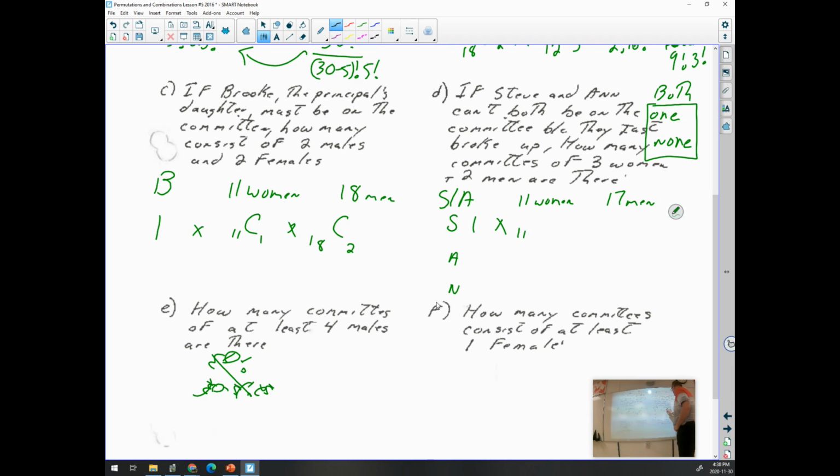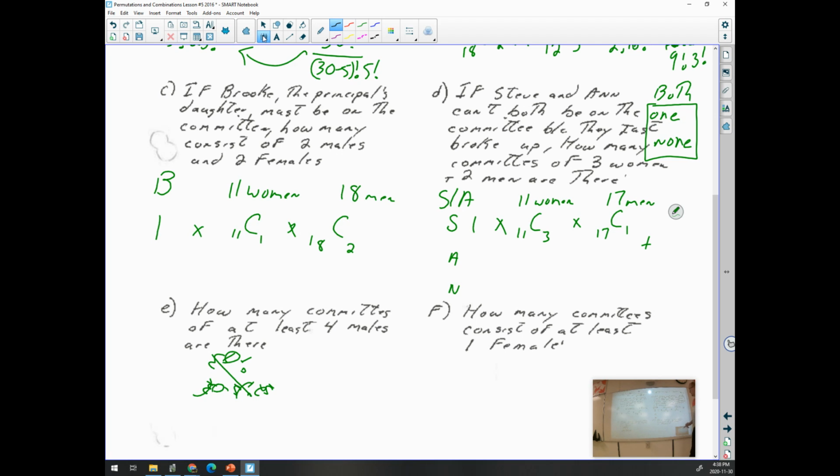That means we're going to be choosing 3 women because Ann is not on that committee. So Ann's left off, so I need to put 3 more women on that committee. And then I have 17 men, and I'm only putting 1 more guy because we've already got Steve on the committee. We only need 1 more guy.